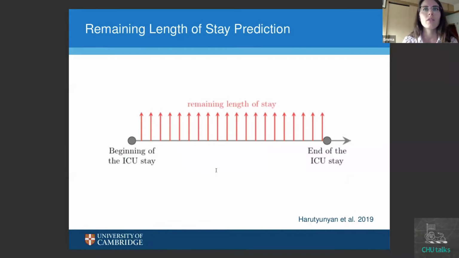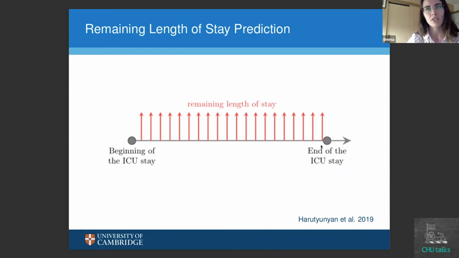So the remaining length of stay problem for us means that we take a patient's stay in the hospital. On the left, you can see this is where they arrive in the unit, and then they'll be discharged at some point later in the stay. Most patients will be discharged from hospital and go back home or go to a different ward.